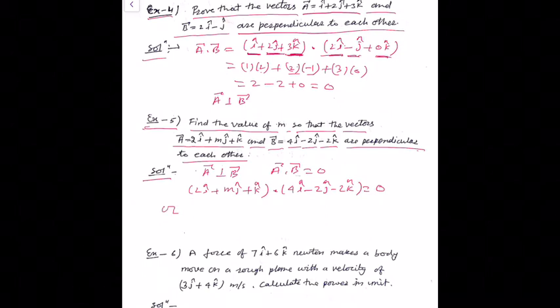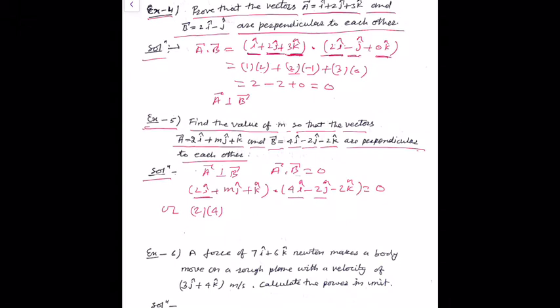First, 2i cap dot 4i cap, 2 into 4, because i cap dot i cap is 1. Next, 2i cap dot minus 2j cap, 0. 2i cap dot minus 2k cap, 0.